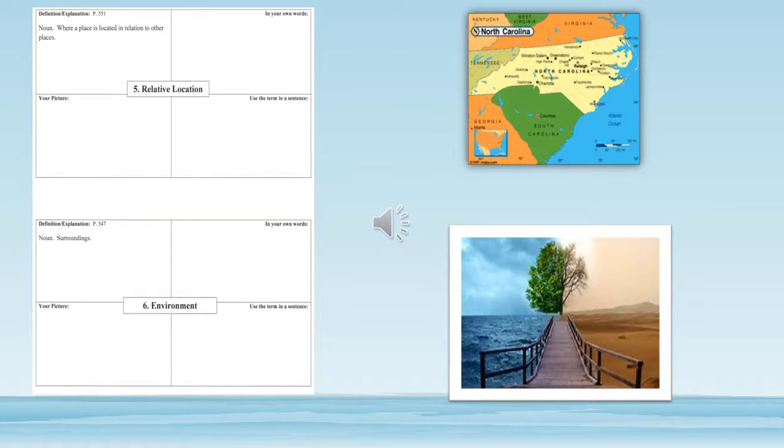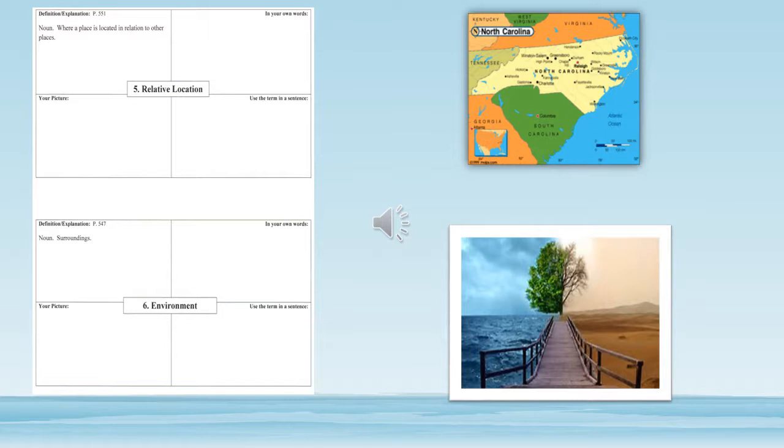Well, if I know the place of one place, I can figure out where it is in relation to another place. For example, here's a map right here. If I can find the location of North Carolina, I know that North Carolina is north of South Carolina.